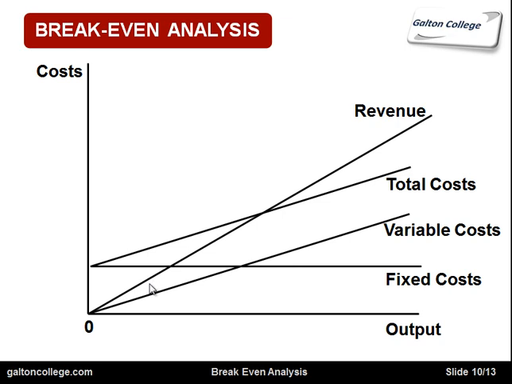The revenue, well, that's the price that's charged. Now you can see that the revenue and the total cost cut at this point. So at that point they cut. And that is the break-even point. At that point, total revenue is equal to total cost.